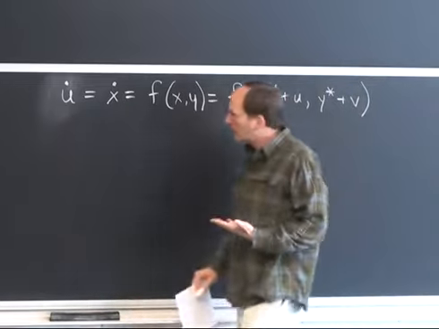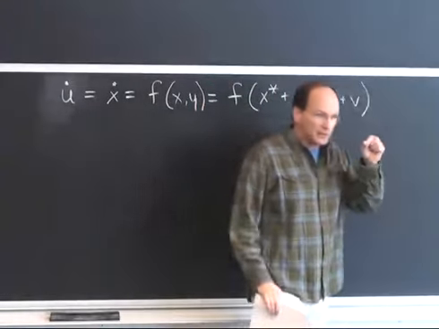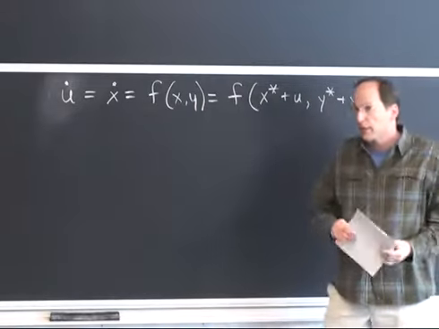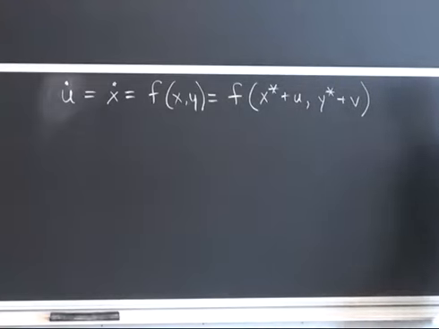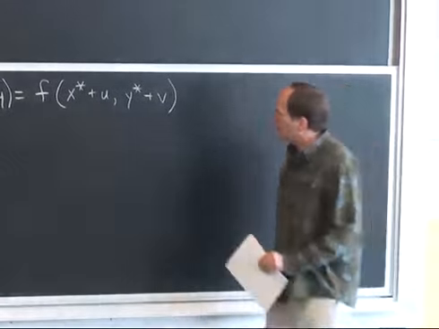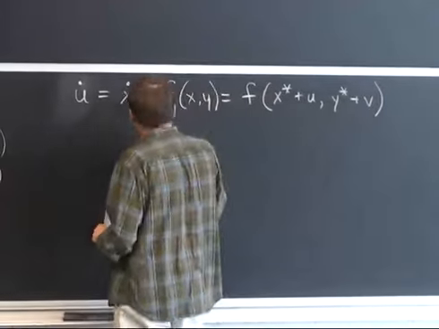But what we would like to do is say we're thinking about small deviations, and so we're going to use this linearization idea that we talked about earlier in 1-dimensional systems, but now generalize it to 2 dimensions. And so this is about the one place in the course where you need to remember the multivariable chain rule. That is, I guess I should say really the Taylor expansion for a function of 2 variables, or really just the linearization, in fact. So what is the expansion of this about x star, y star?